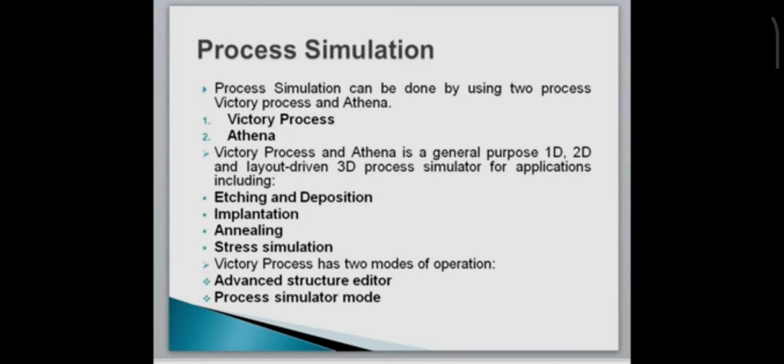In Victory Process, etching and deposition is done with a geometrical model for fast structure prototyping and a physical model for detailed process step analysis. Implantation is done with a very fast analytical model and with a very accurate Monte Carlo model. Annealing is done with a comprehensive set of doping diffusion models, and stress simulation is done with stress history for stress engineering.